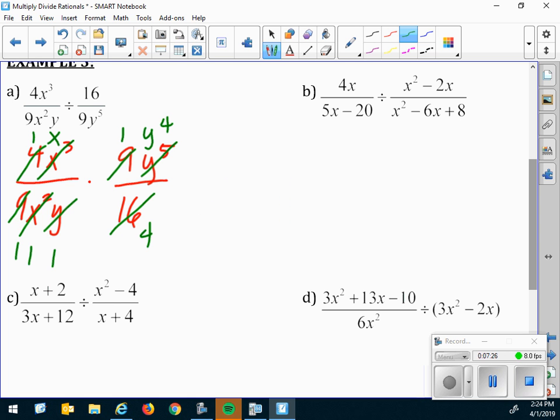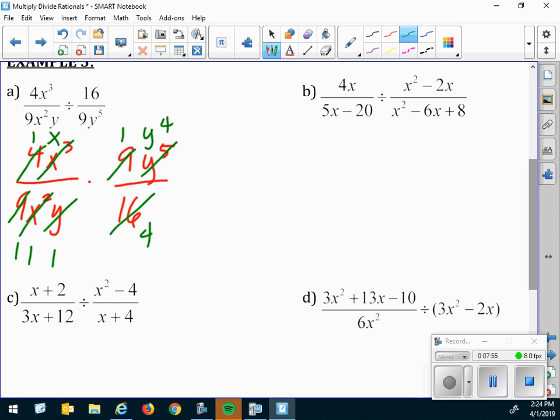All right, here we go. Now let's look at B. Now I'm not going to have enough room. You will. I mean, don't write great big, but you'll have enough room. You're going to have to multiply by the reciprocal of the second fraction, correct? So when you write the reciprocal of the second fraction, you can go ahead and factor it in the same step, just to save you a step, save you some room.